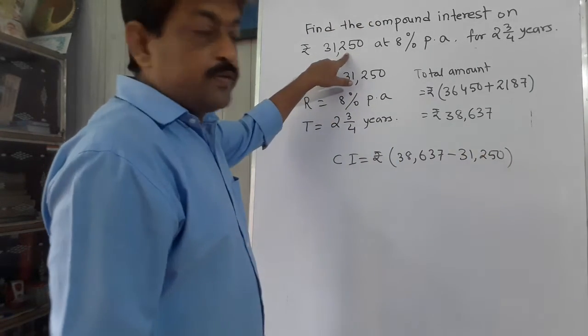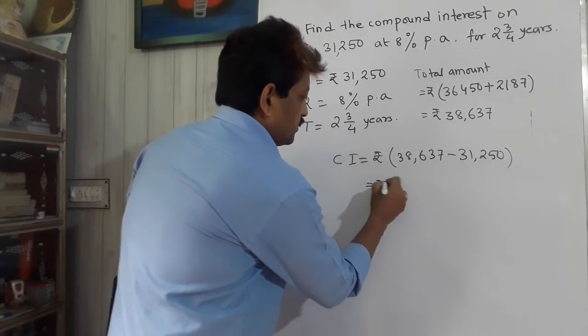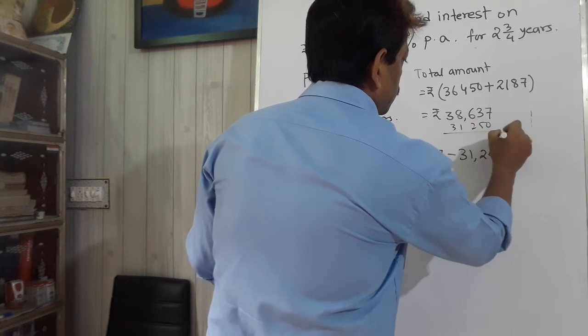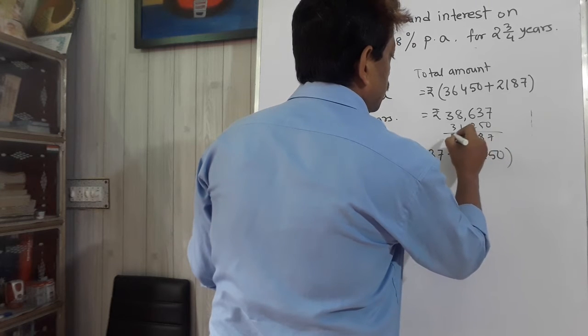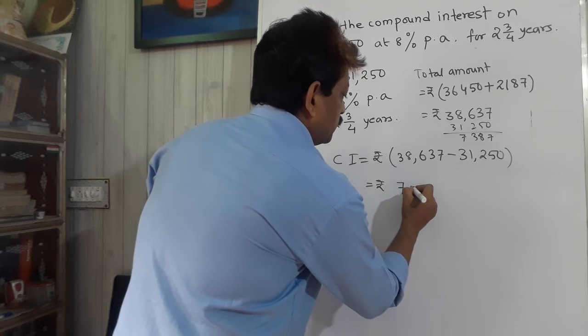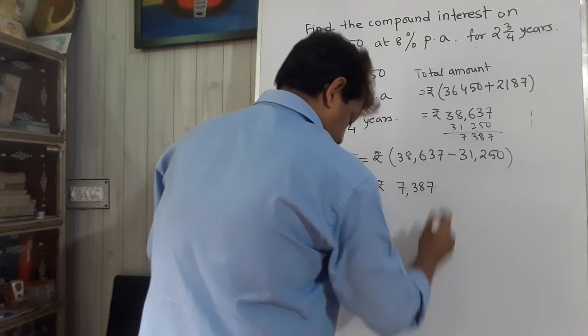This is the original principal and this is the final amount. So by subtraction, it is 7,387.